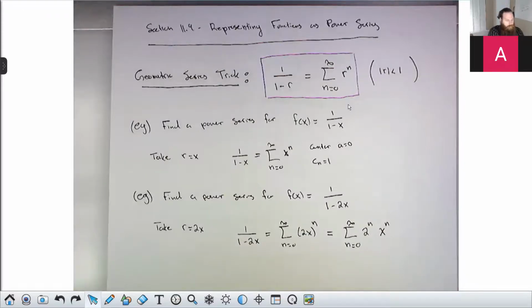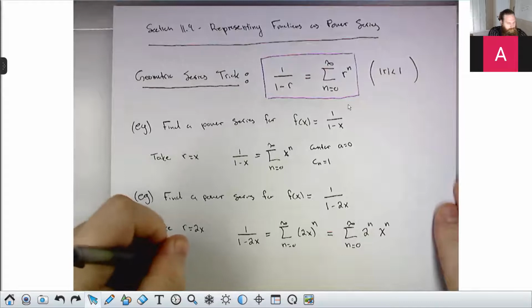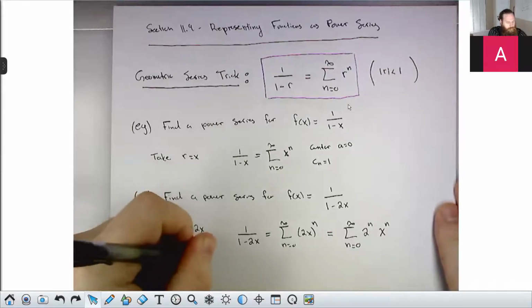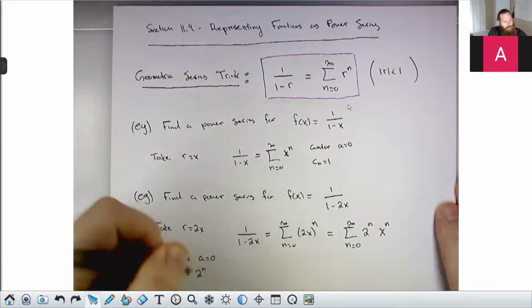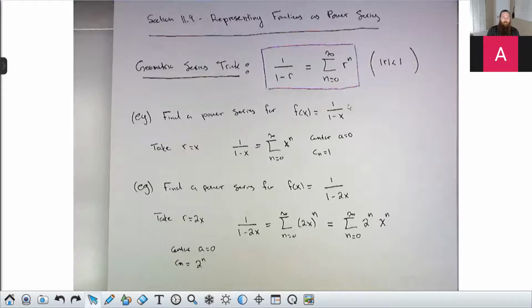So here, the center is still 0, but the coefficients, the Cn's, are 2 to the n. So everybody see this?